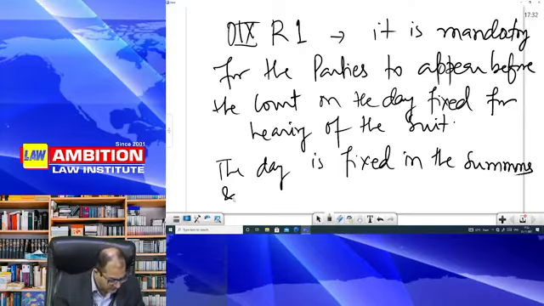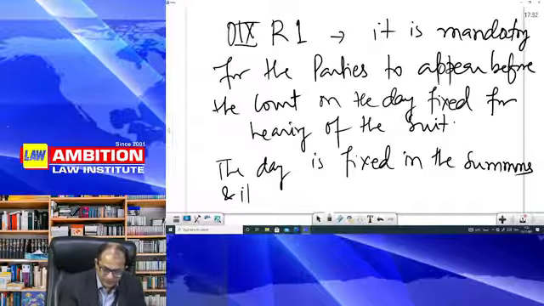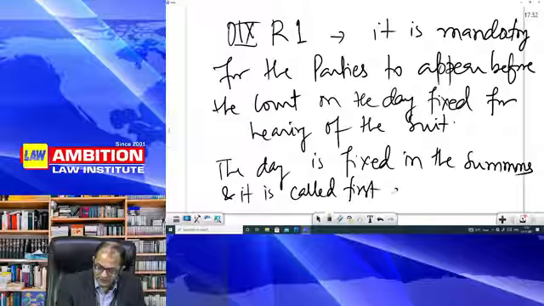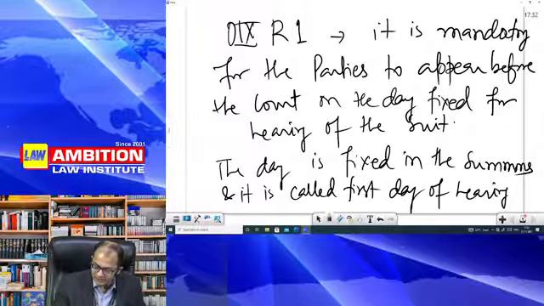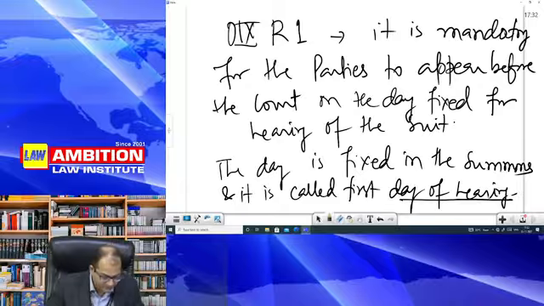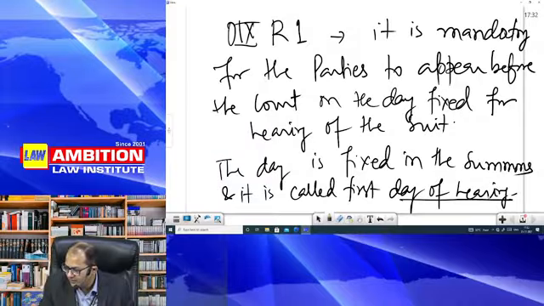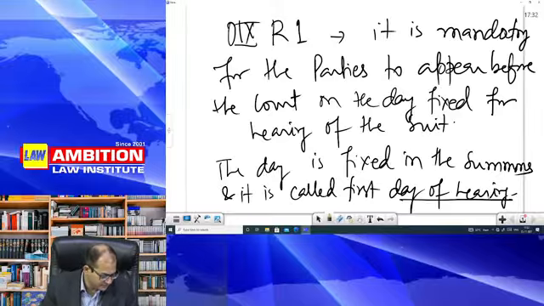As we have started our proceeding now, first day of hearing, both the parties should appear either in person or by their pleaders.